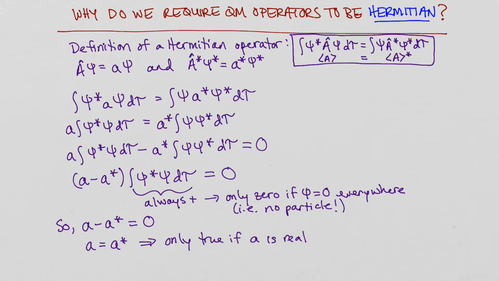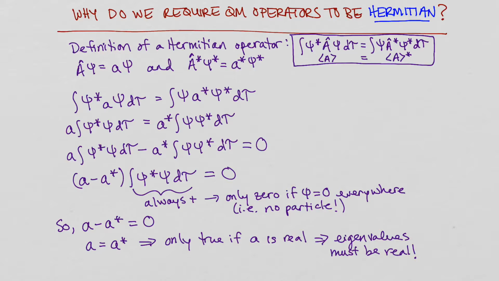Remember, a quantity is only equal to its complex conjugate when that quantity is real. So this does not work if we have any complex eigenvalues. What this leads us to is the conclusion that our eigenvalues must be real for this situation to hold.